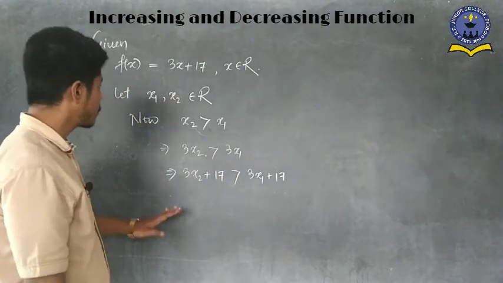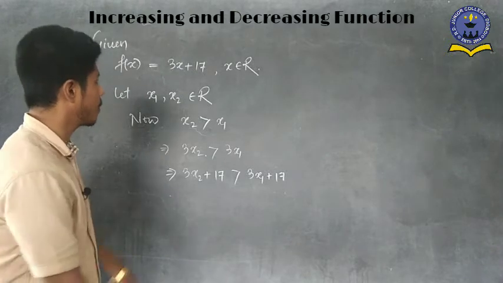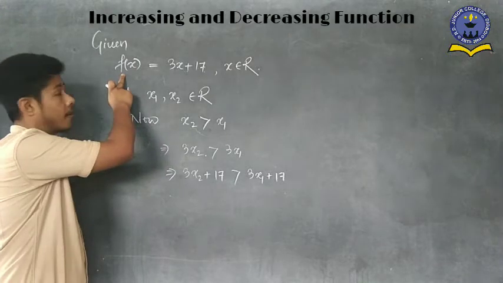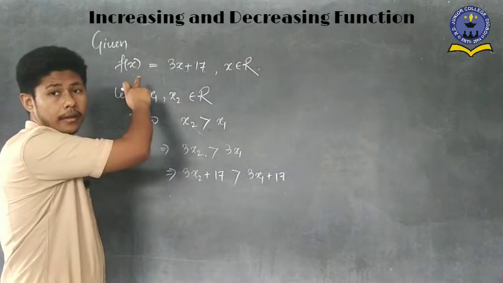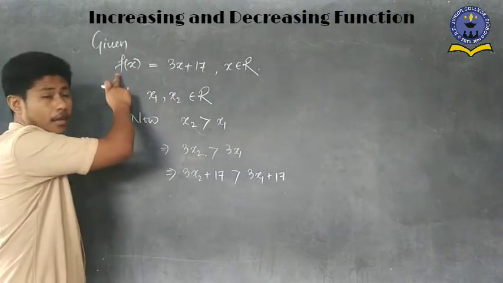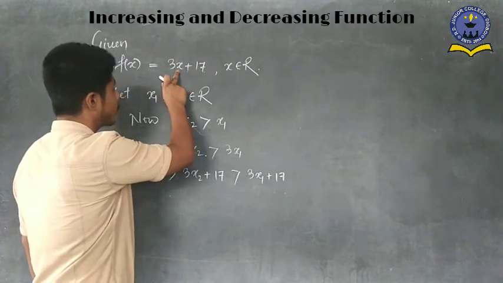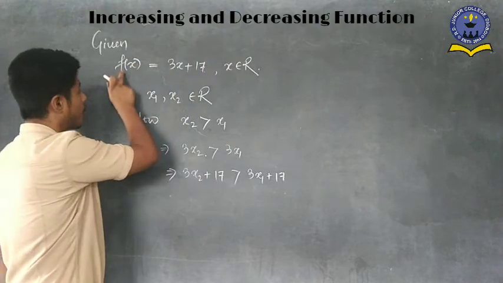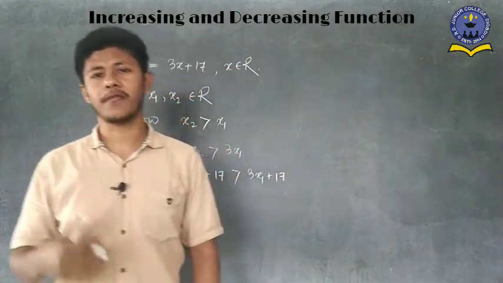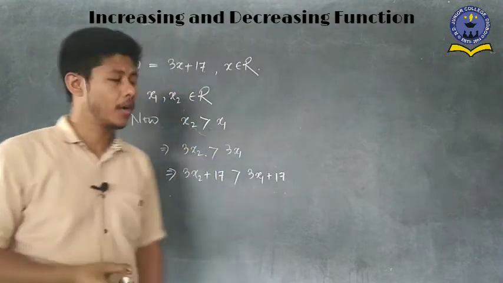Is it clear? Now you see, when it is 3x plus 17, we write it as f(x). If it is 3z plus 17, then we write f(z). That means we can say function of x, function of z, function of y, whatever is given.